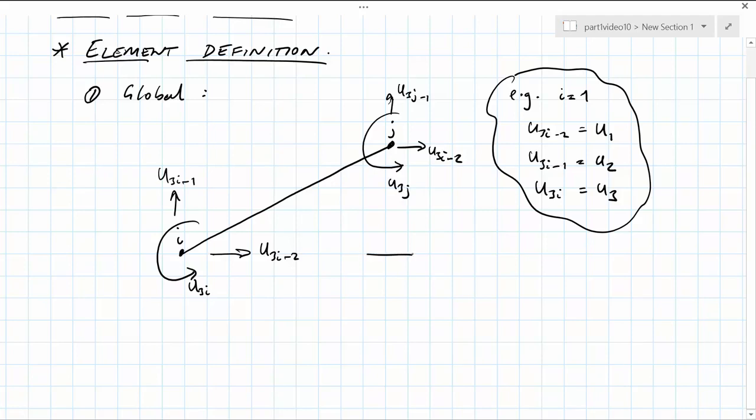The global horizontal axis is given by X, and the global vertical axis is given by Y. The inclination of the member relative to the x-axis is given by the angle theta.